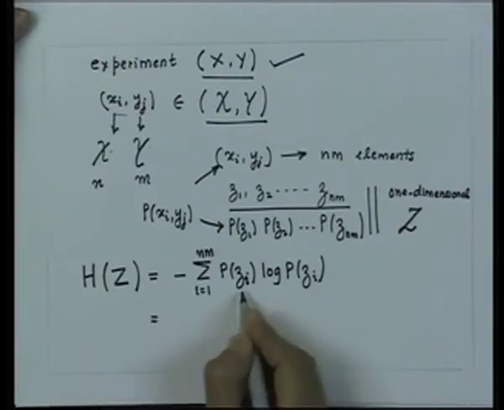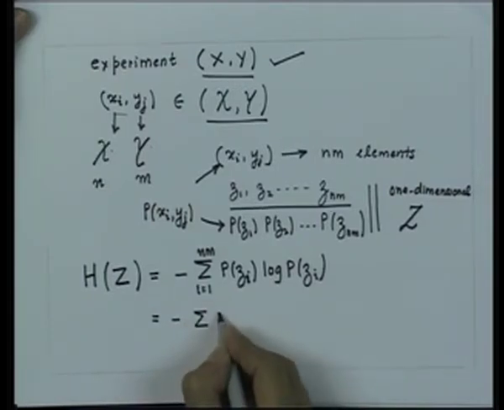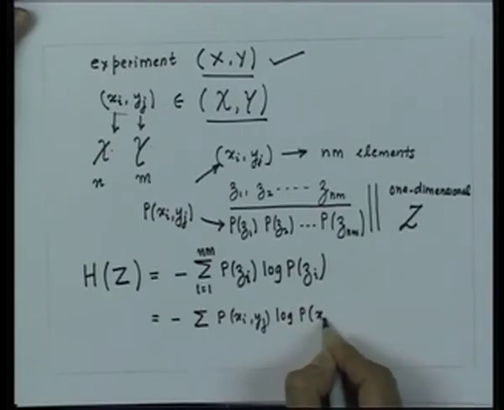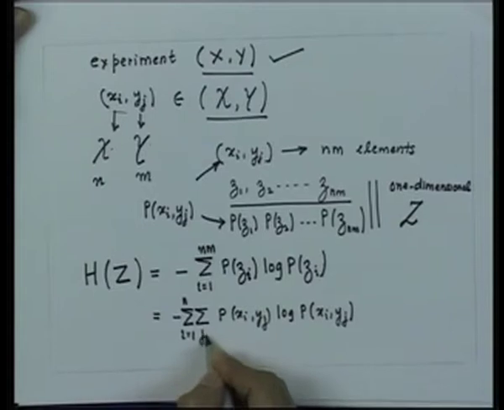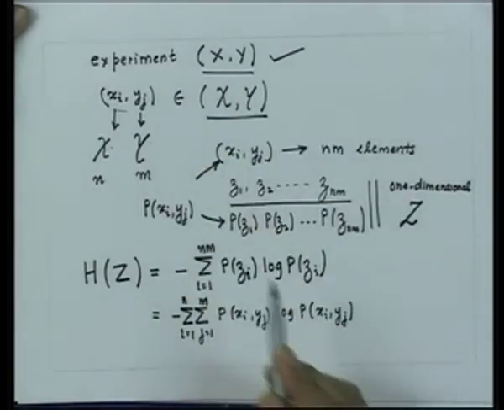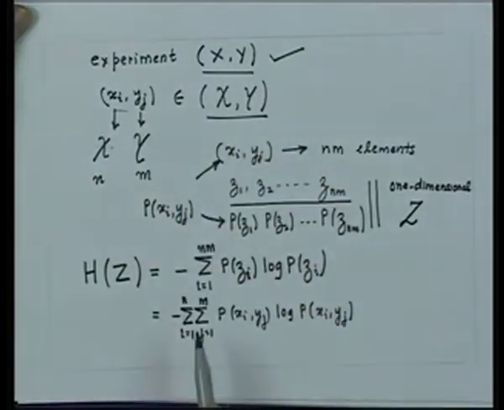Now, going back to our original notation, I can write this as nothing but P of xi yj log of P of xi yj, and my summation will be a double summation, i equal to 1 to n, j equal to 1 to m. So, I have been able to calculate the information measure for my original experiment, which was given by this sample space.